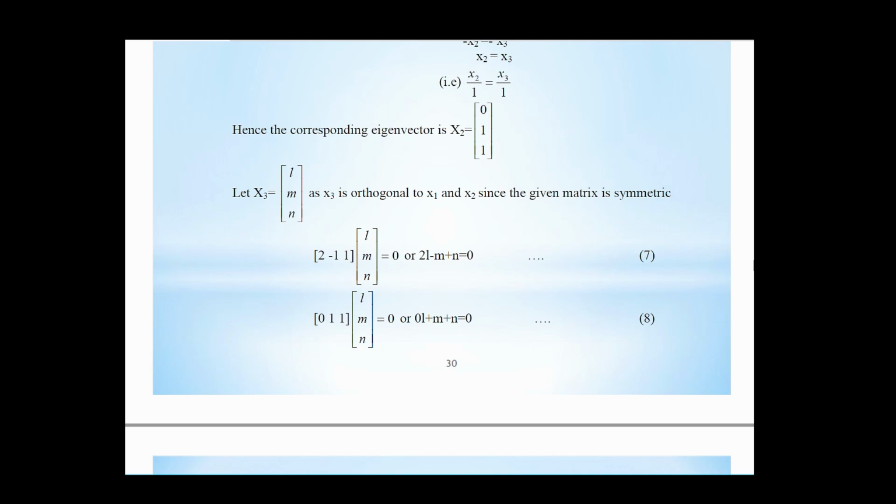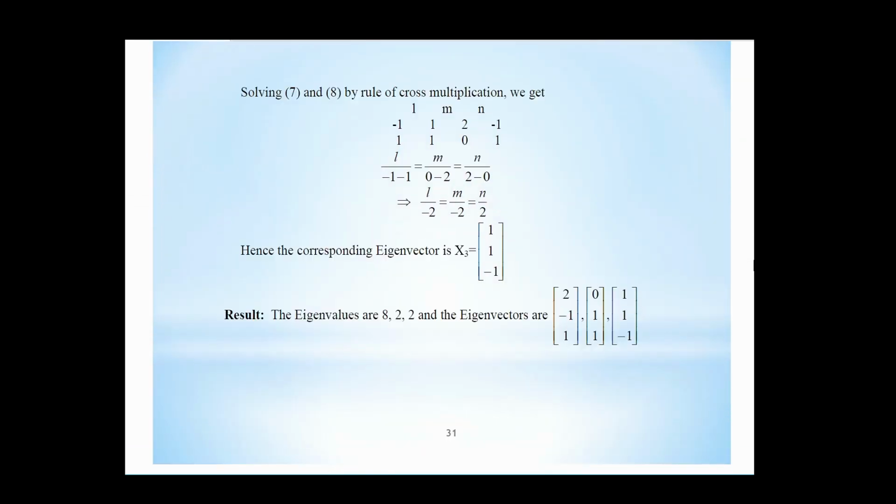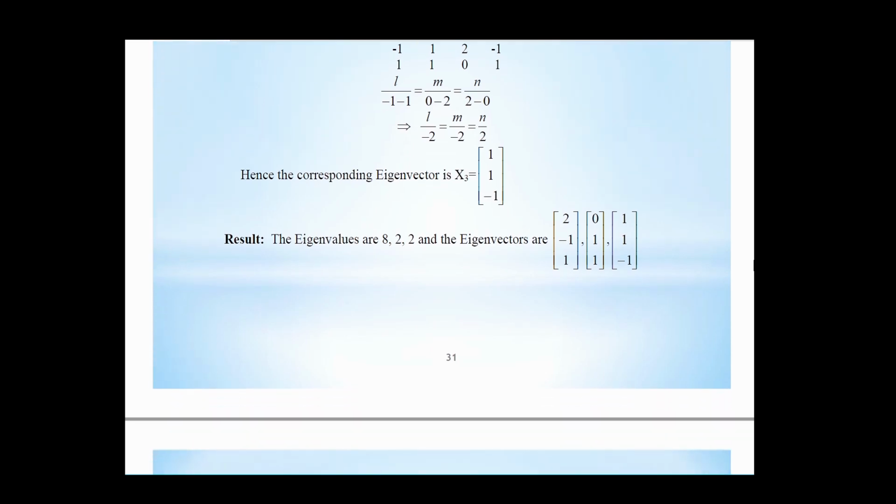Similarly, multiplying (L, M, N) with the second eigenvector x2, we get 0L plus M plus N equal to 0. Now we solve equations 7 and 8 with the cross multiplication rule. We get L equal to minus 2, M equal to minus 2 and N equal to 2. Therefore the corresponding eigenvector x3 equal to 1, 1, minus 1.